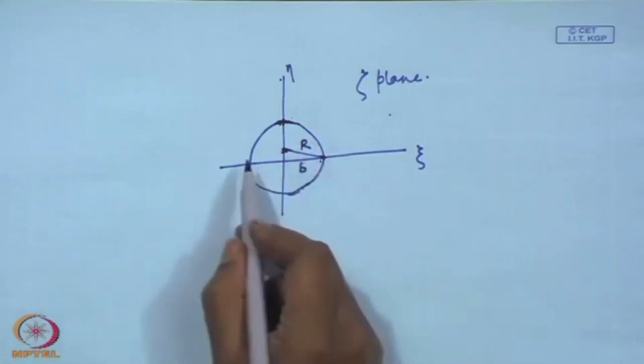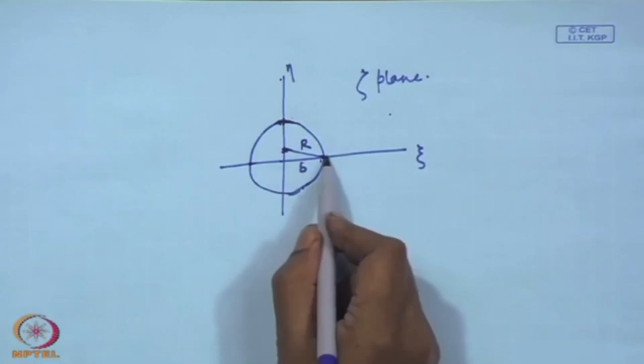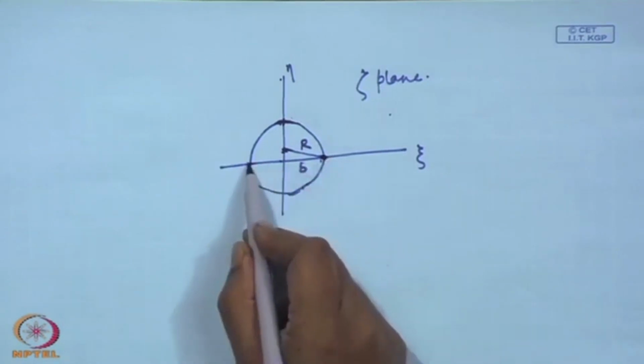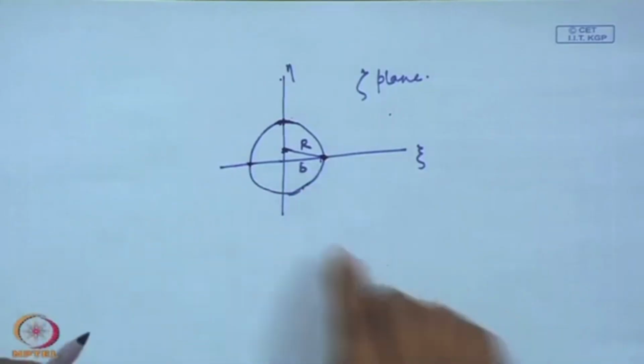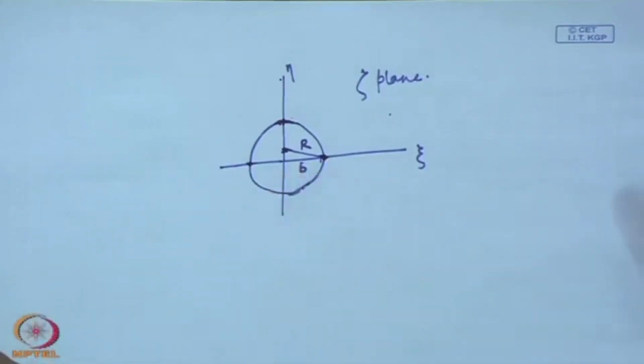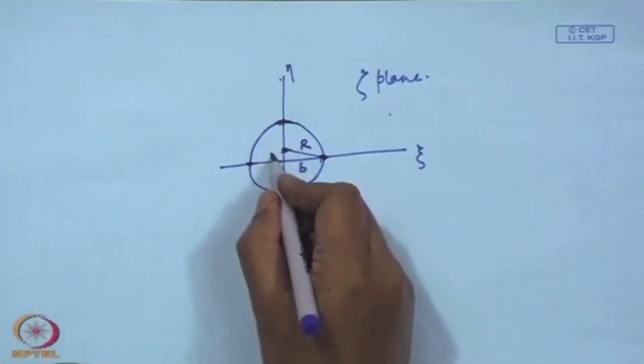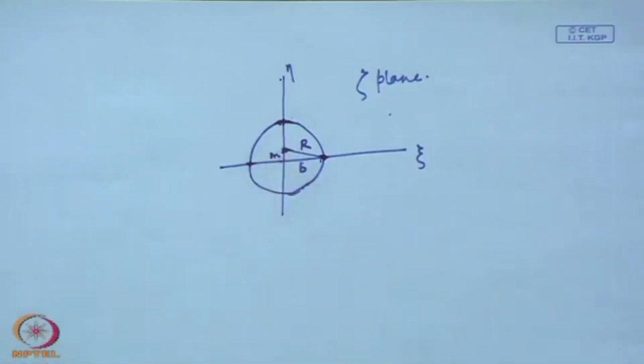However, we make it such that the two critical points z equal to plus minus b lie on the circle. That is, this is what is b, and we call this length say m.